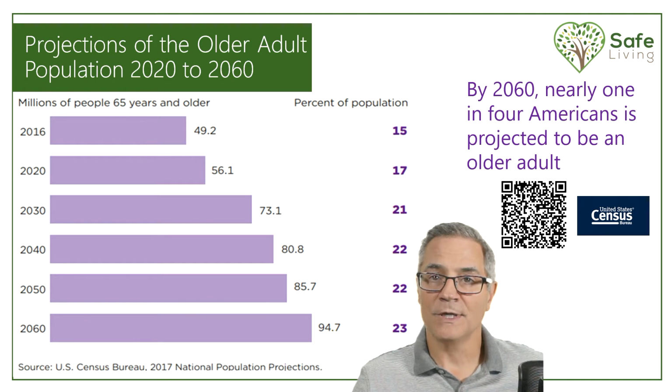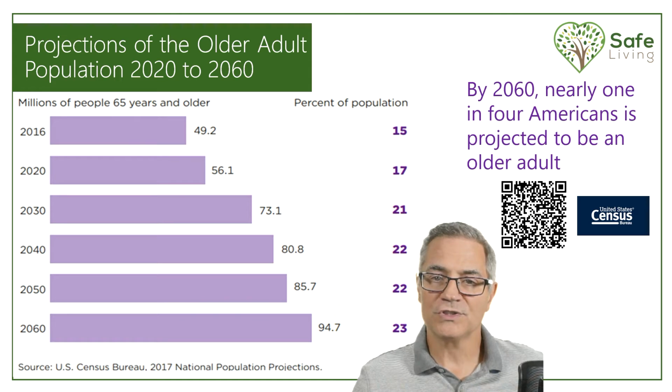The U.S. government has done a great job in providing the statistics through multiple channels of information, all which are going to be highlighted here. If you take a picture of the QR code, it will take you directly to the website, but also listed in the description, you'll be able to see all the websites and where to gain access to this information.